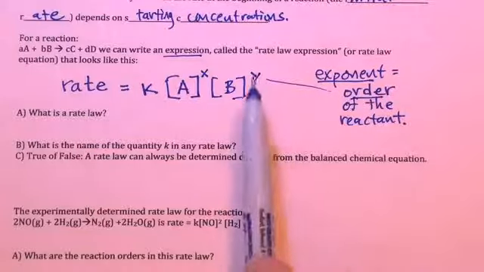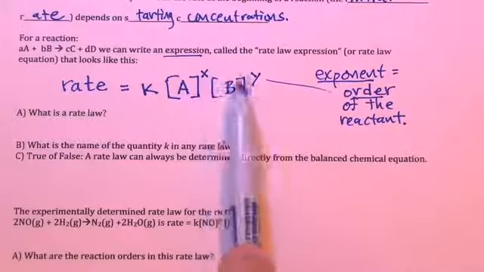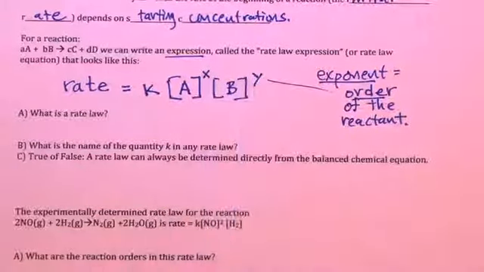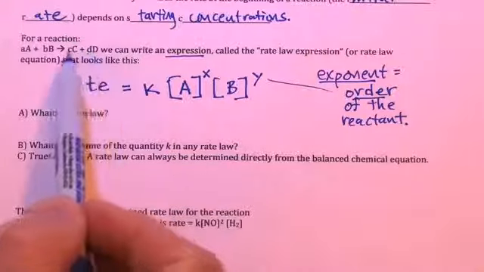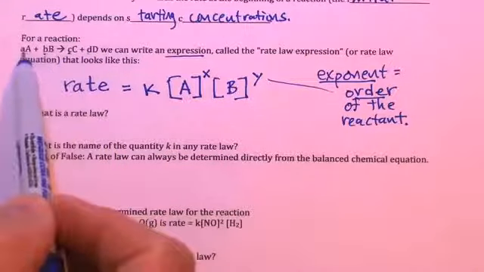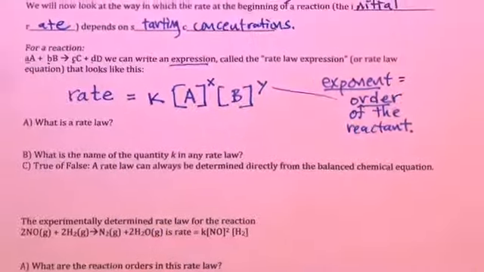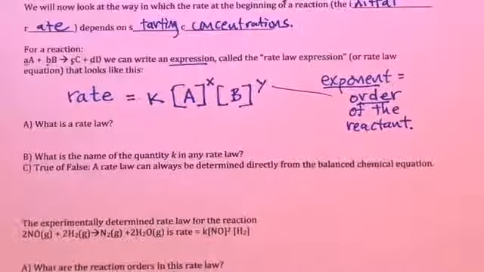And the only way you can know these exponents or orders is by experimentally determining them. A lot of people get this confused and say, doesn't it have something to do with the coefficients in front of the balanced chemical equation? The answer to that is no, not at all.